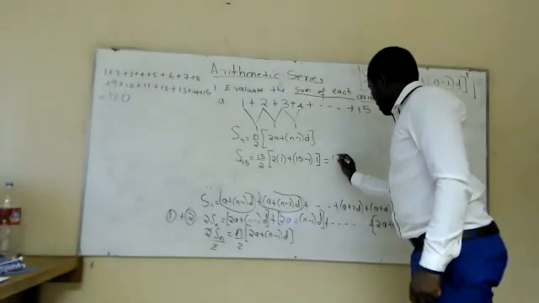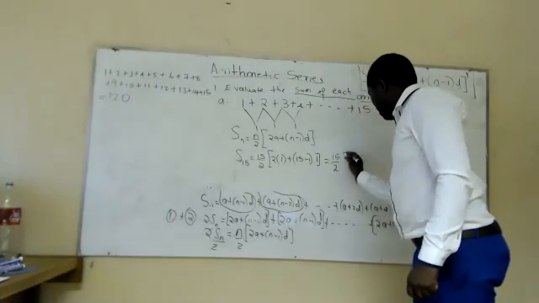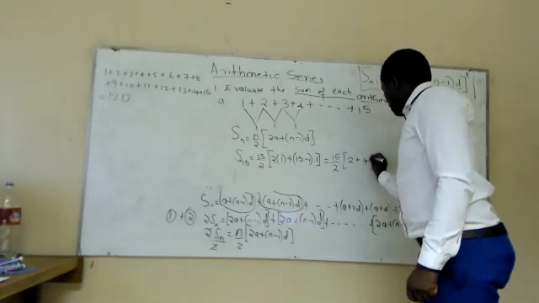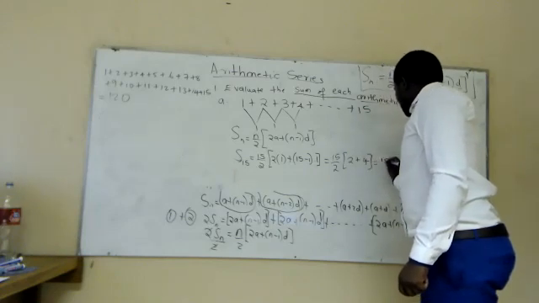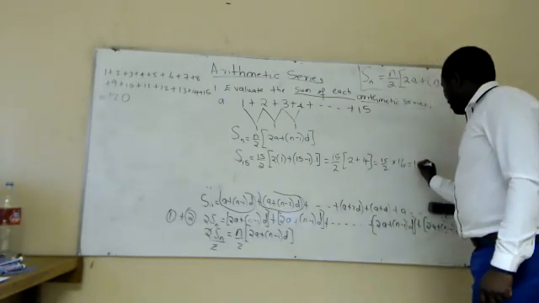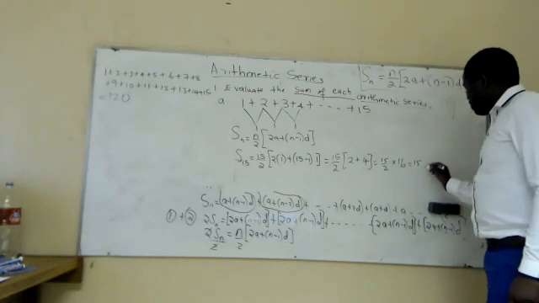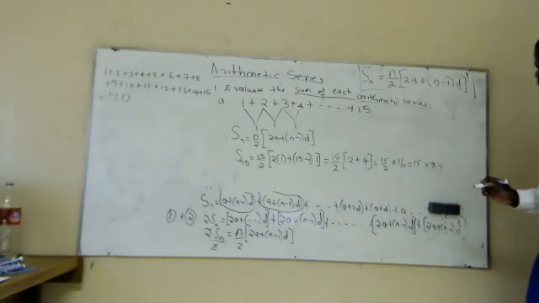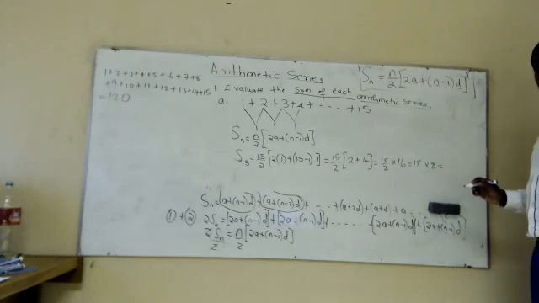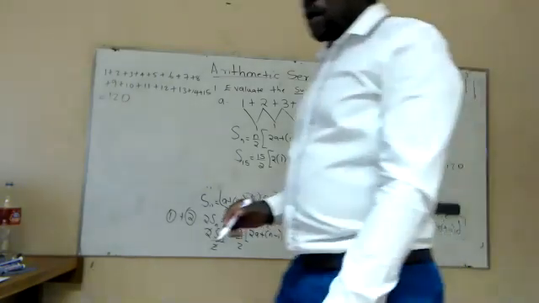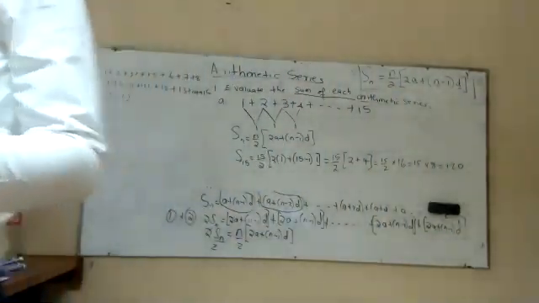In the meantime, I will be simplifying this further. So it's going to be 2 plus 14, which is 16, so 15 over 2 multiplied by 16. And that is 15 multiplied by 8. What is 15 multiplied by 8? 120. Do you see you obtain the same answer when you use the formula?